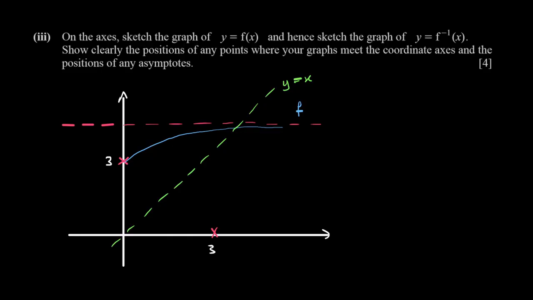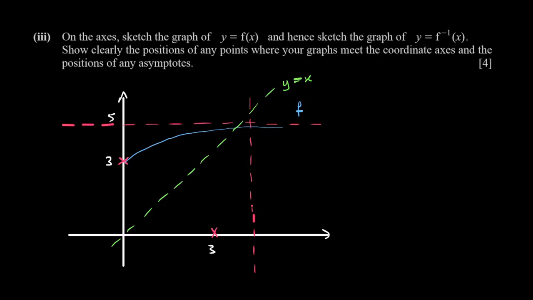And this asymptote here, which is y is equal to 5, is going to be reflected to an asymptote of x is equal to 5. So I'm going to sketch that like that. I hope that works. Something like that.